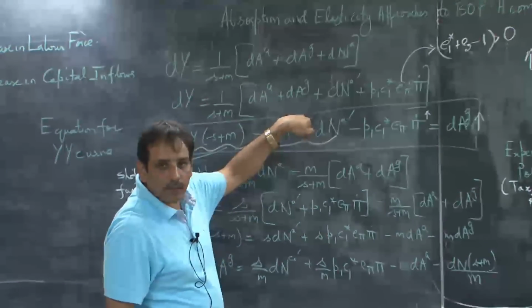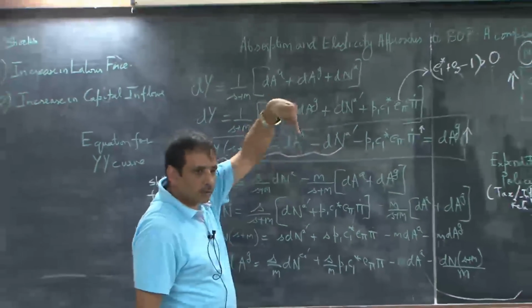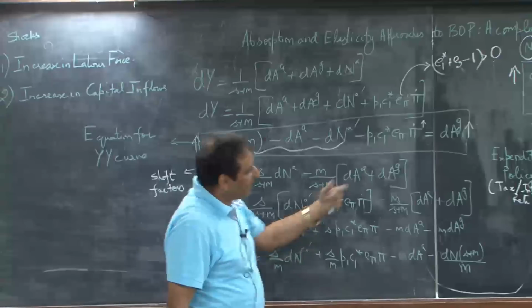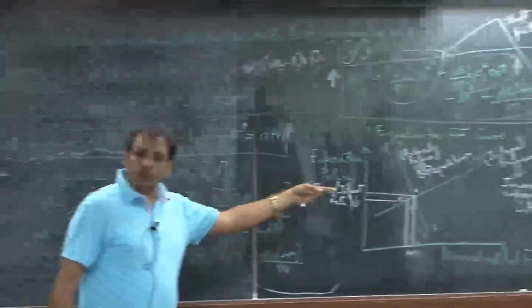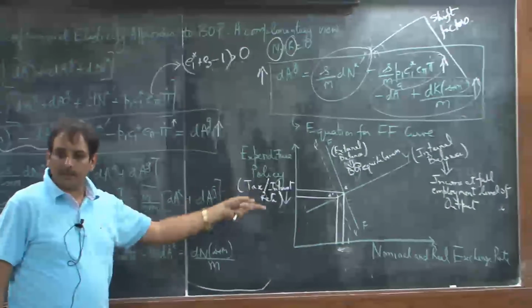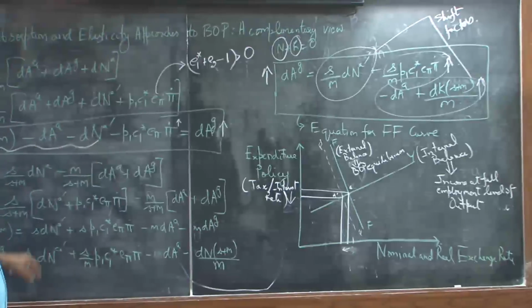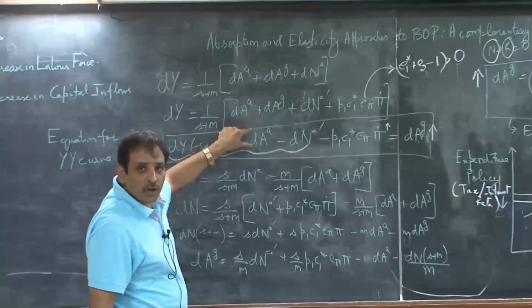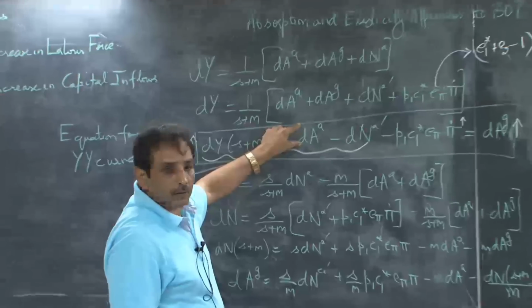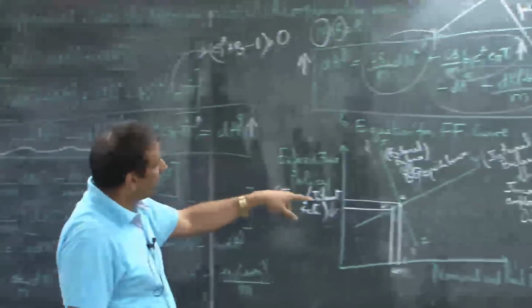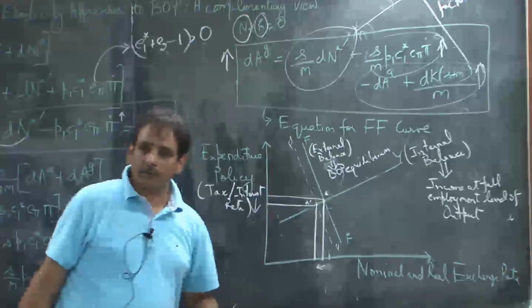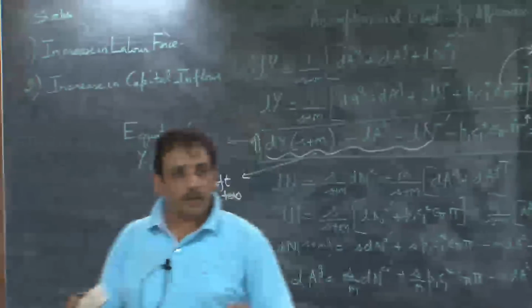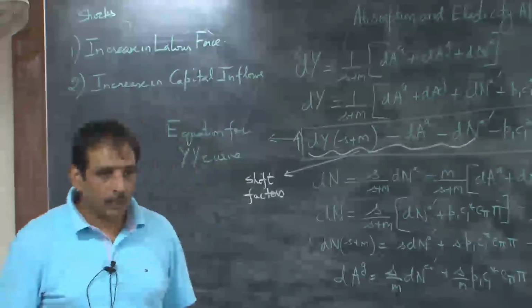I may ask you what happens if DNA dash goes down. Then what changes would you see in the YY and the FF curves? I will ask what happens if this expenditure goes down. What happens to the YY curve? What happens to the FF curve? And then I will ask you the economic interpretation.